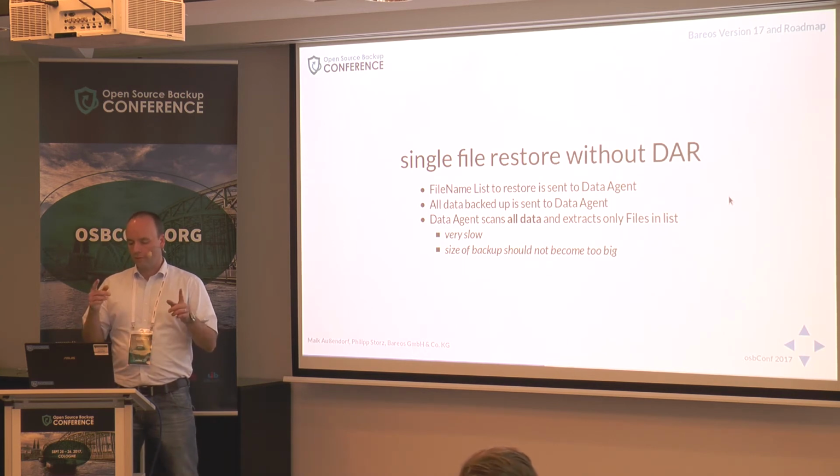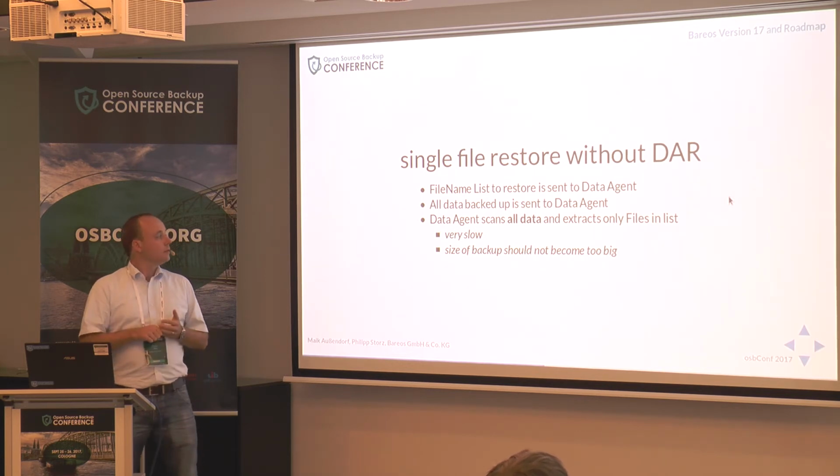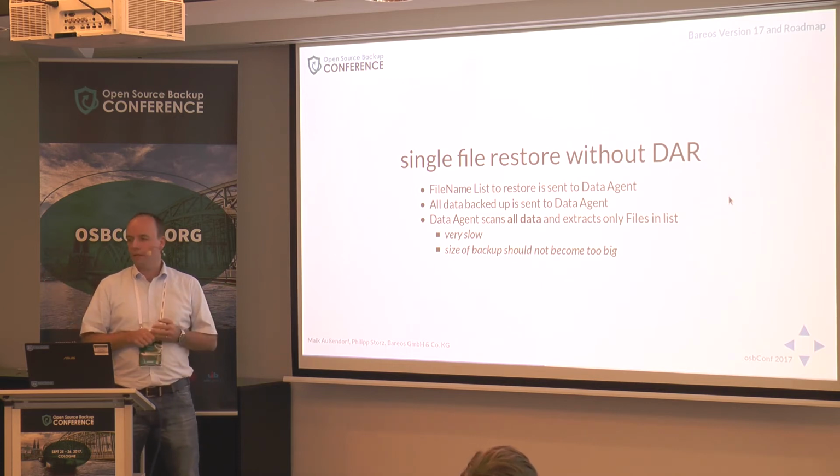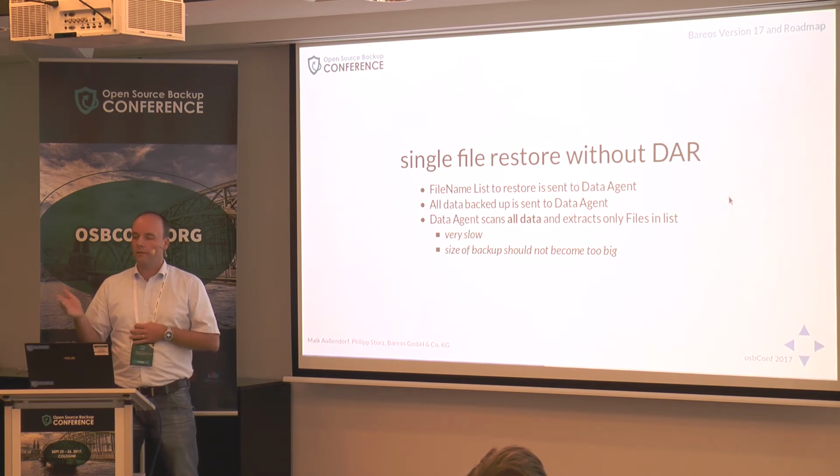This creates a restore file list, and it is sent to the data agent. Then the complete backup that has been done, which is technically just a very, very large archive, like a tar or dump archive, is completely sent to the data agent. The data agent will more or less scan the complete stream, and when it finds the files in the recovery list, it will recover them.